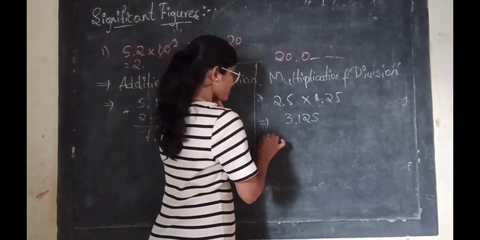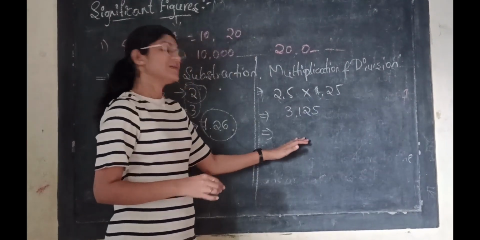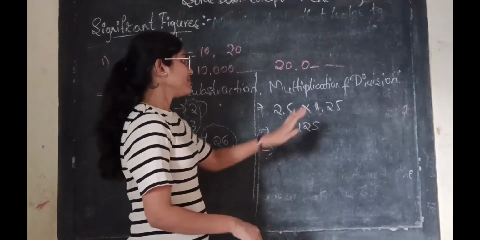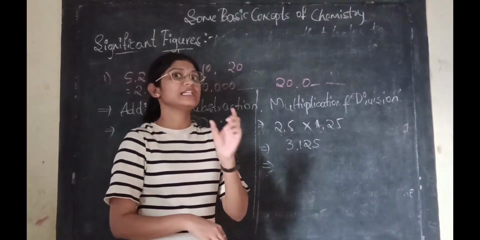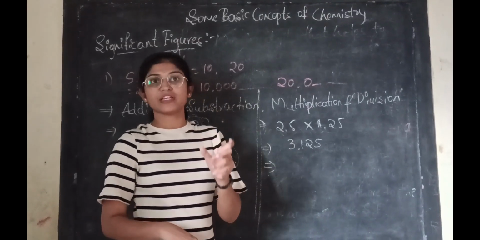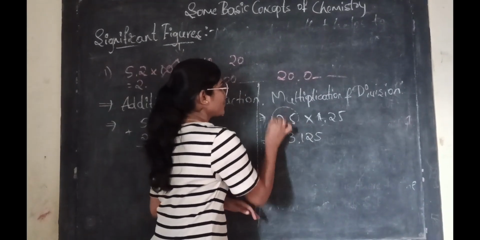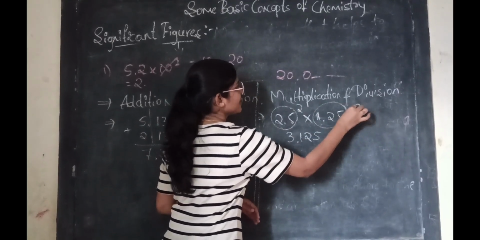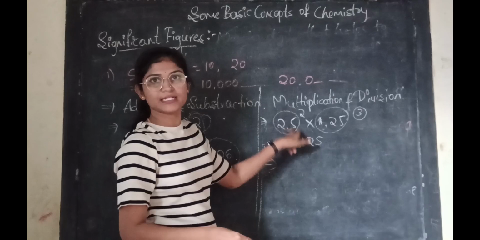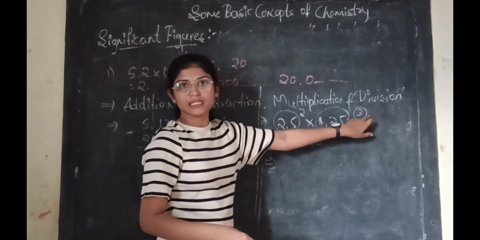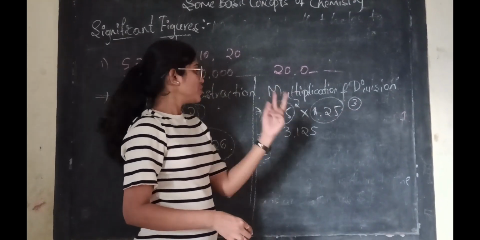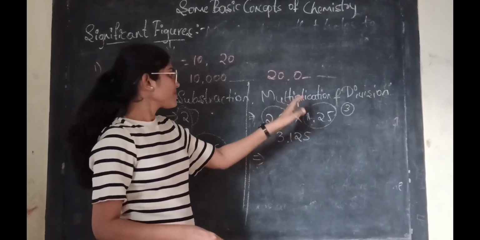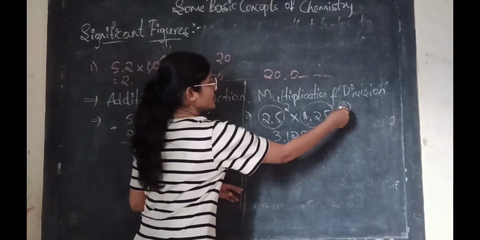So how do we write the product in significant figures? In multiplication and division, we have to consider the number which has the least significant figures. Here 2.5 has 2 significant figures and 1.25 has 3, since rule 1 says non-zero digits are significant.